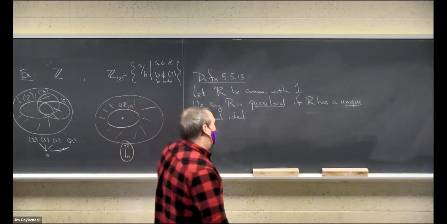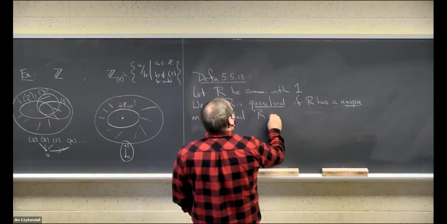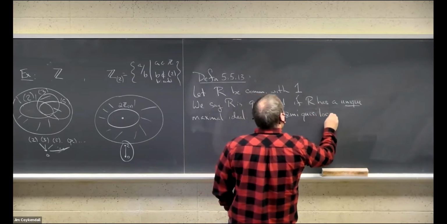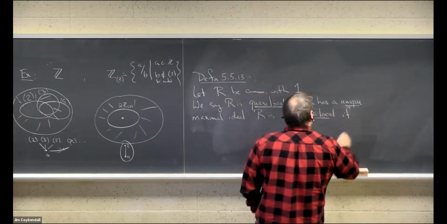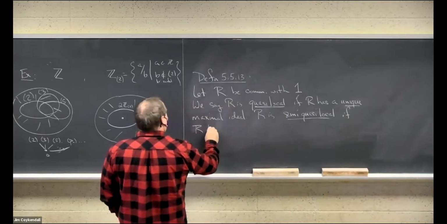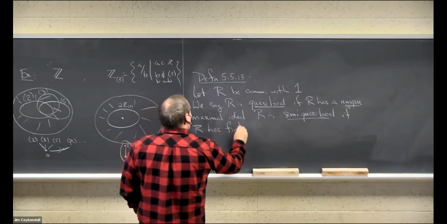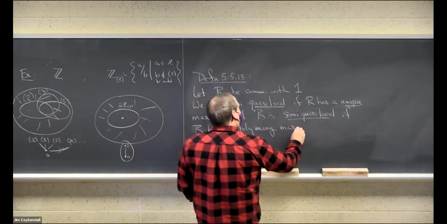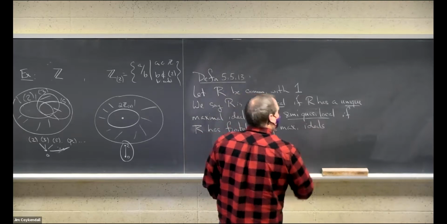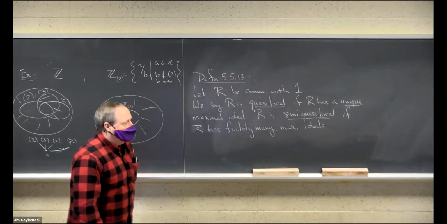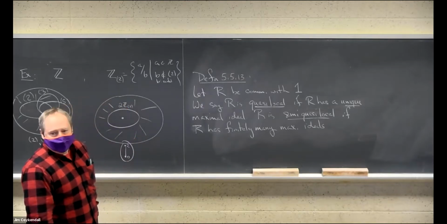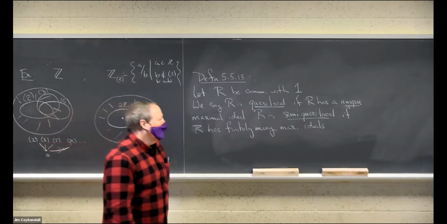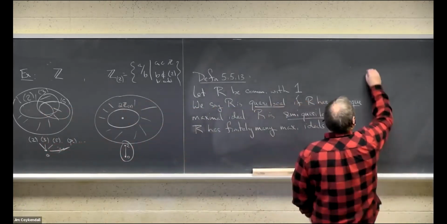If R has finitely many maximal ideals, it is called, and I'm not kidding, semi-quasi-local. It's important, and I'll show there's more coming.